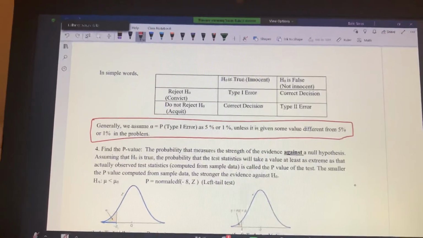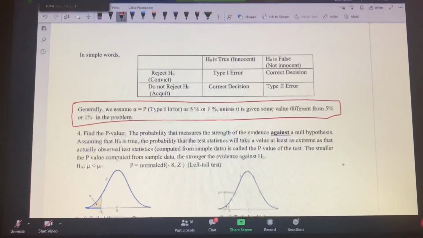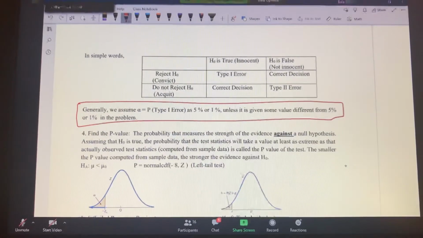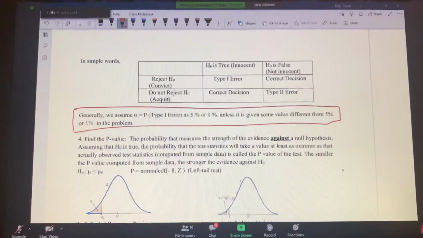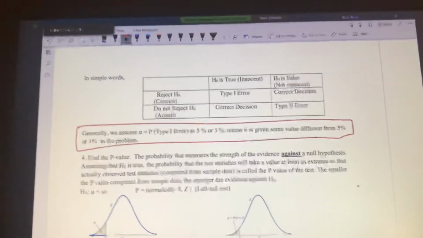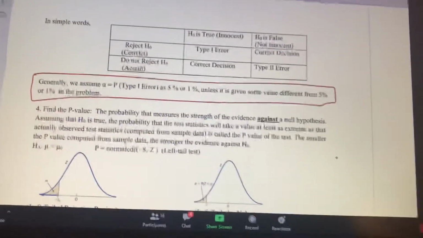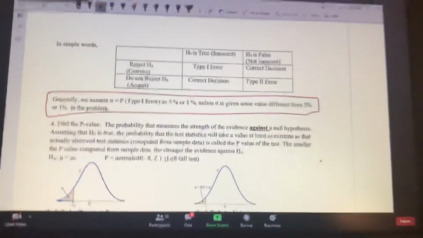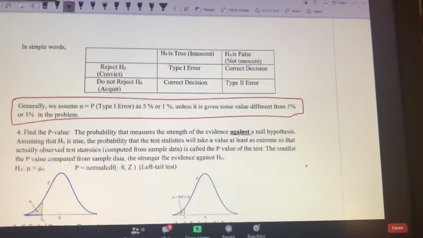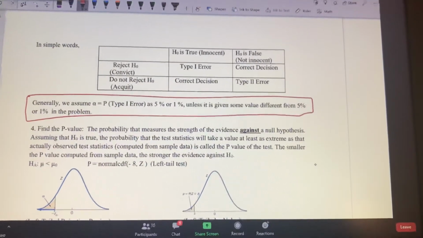Very rarely it is going to be about 10%. All right. When we talk about the 90% confidence limits, then your alpha is going to be 10%. But usually we are happy with the 95% confidence limits, so that way my alpha is going to be 5%. If we talk about 99%, then your alpha is going to be just about 1%. That is correct. All right.